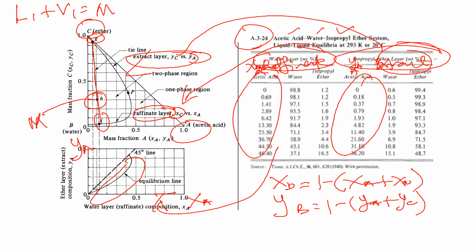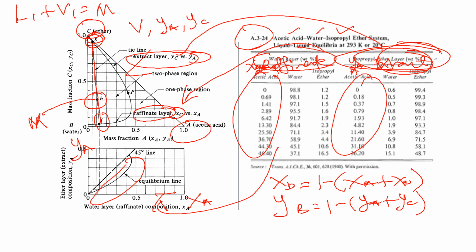This ether layer is called the extract again, and the water layer is called the raffinate. The point G over here represents the amount and composition of the extract layer, denoted by V, YA, and YC.